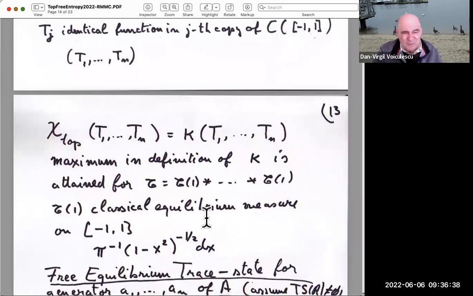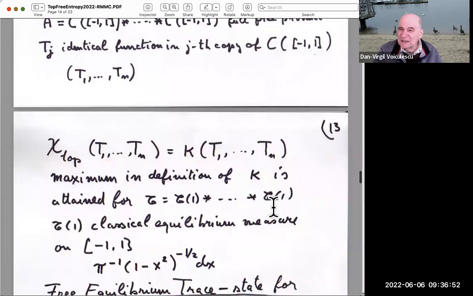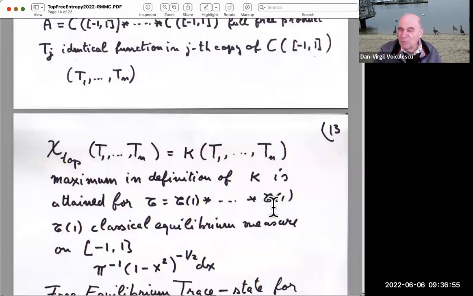Here one uses the equilibrium measure on [-1, 1].